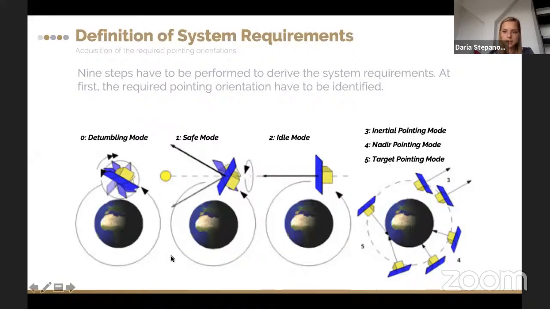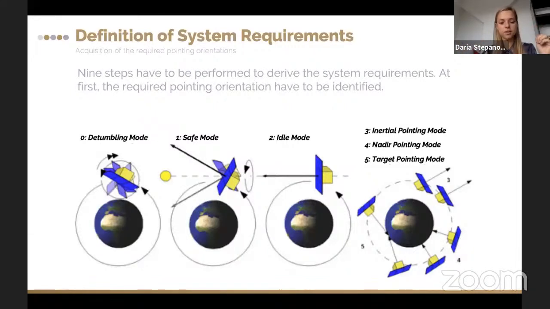Once in orbit, the satellite gets some initial angular speeds around 3 axes from the deployment, and taking all these forces into account, it basically starts spinning once in orbit. The first mode is to detumble it, to make it more or less stable and rotating around at least one axis.